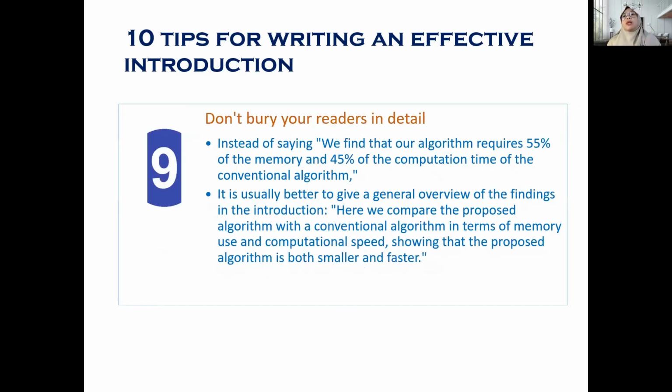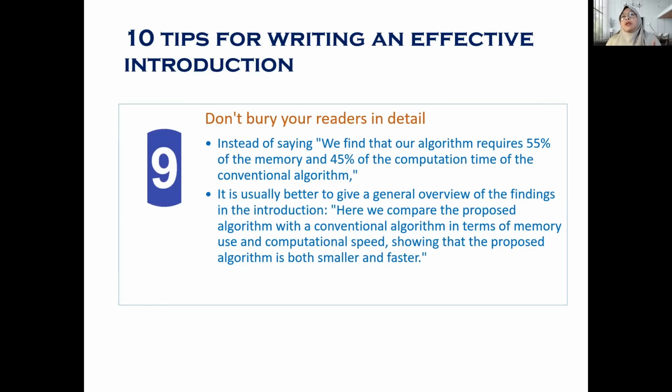Number 9, don't bury your readers in detail. So instead of saying, we find that our algorithm requires 55% of the memory and 45% of computation time of a conventional algorithm, what does it mean? You have to elaborate on this.